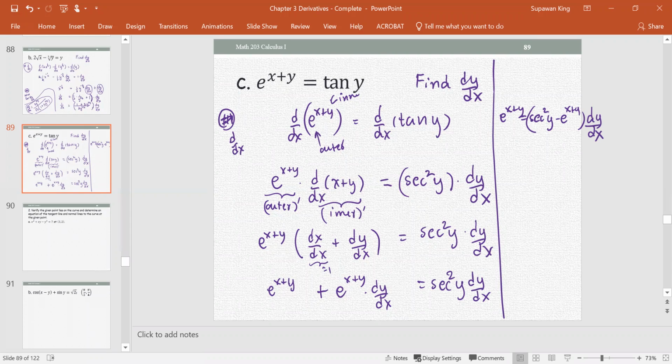And then we solve for dy by dx to get e to the x plus y divided by secant square y minus e to the x plus y, which is the dy by dx term that we are looking for.